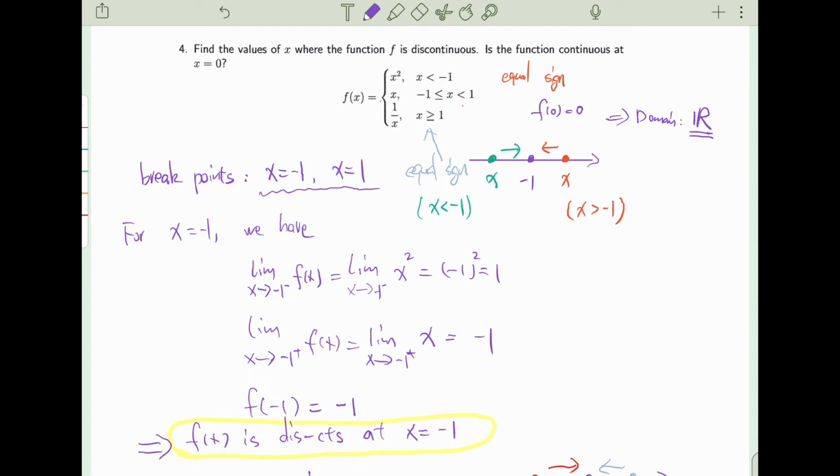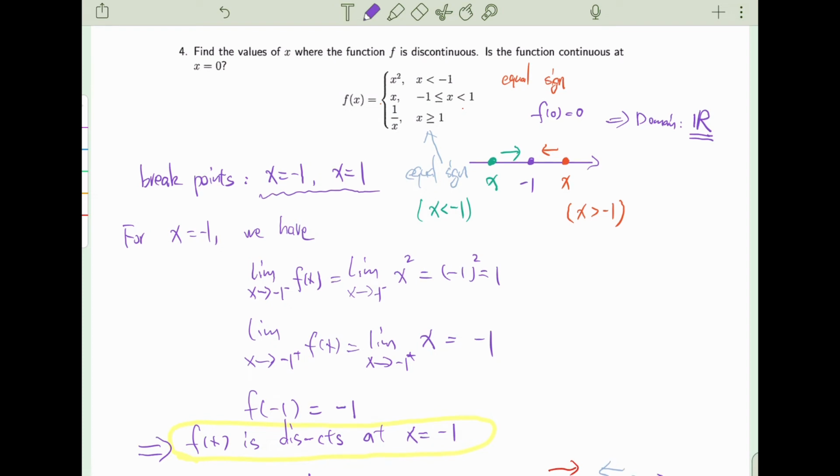Why is it all the real numbers? Because for whatever real number, according to which range that value is in, we can always find a valid output by the formula. So this question is kind of obvious, right? f of x is continuous at 0.